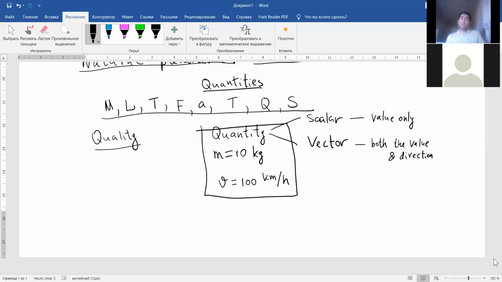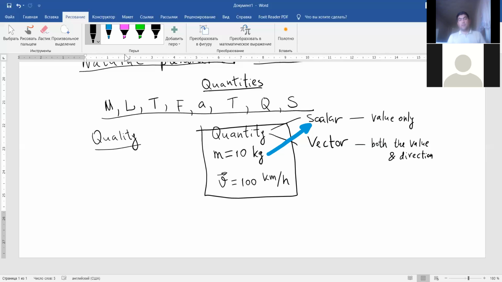So vectors have both value and direction. For example, mass is a scalar quantity. Velocity is a vector quantity. It has a direction.